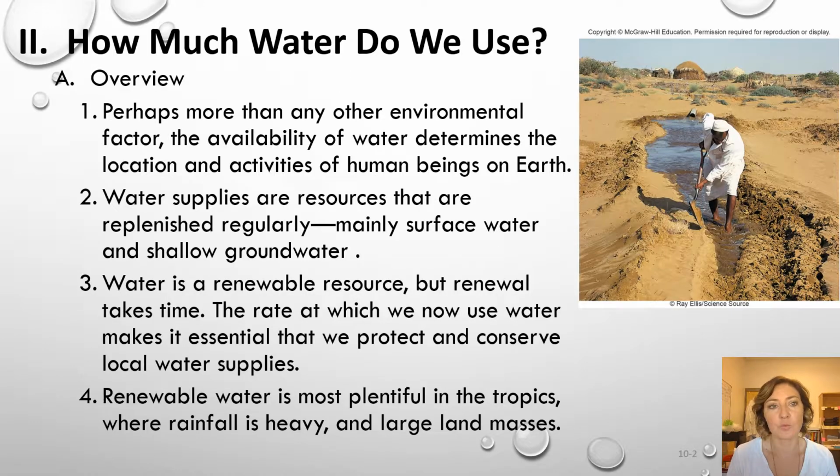When we discuss how much water we're using, there's a lot of complex factors at play. Water, more than any other environmental factor, will dictate where human populations tend to be. So the availability of water determines the location as well as the activities of human beings here on the earth.